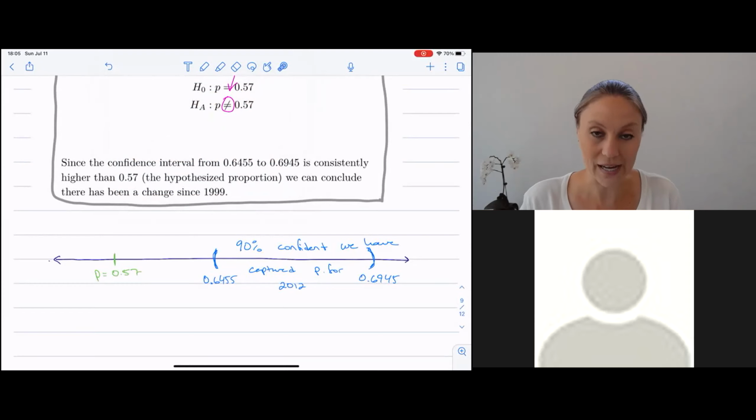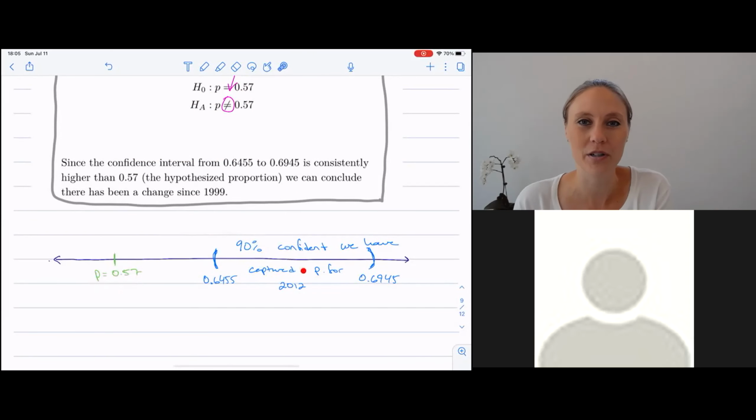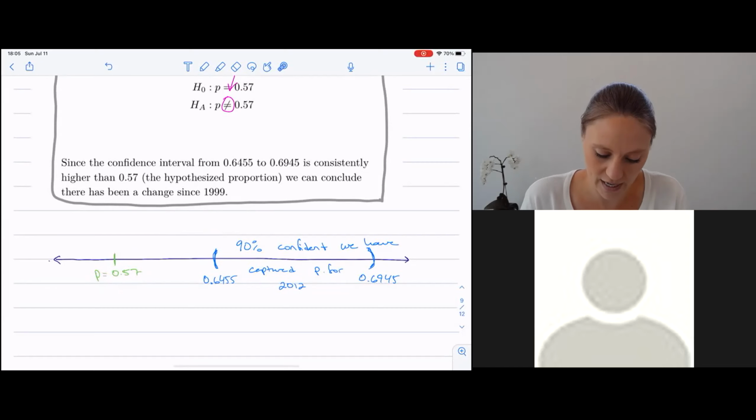And so that's how you use the confidence interval to test the hypothesis. So if this value were in the interval, then we can't reject that value, right? But because it's outside the interval, then we can reject H naught because we're 90% confident that P is somewhere in here for 2012, right? So that's how we use it.